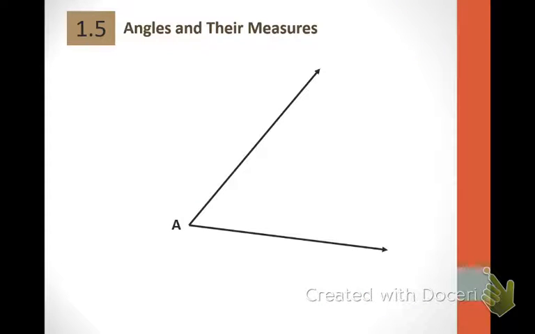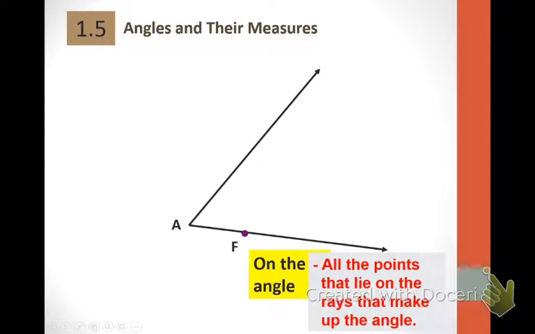We'll talk about this for a second. These are just things we have to say to each other so we're all on the same page. So if a point is on the angle, the point is on one of the rays that make up the angle. Okay. What if a point was on the inside? What is another word for inside of something? What else?